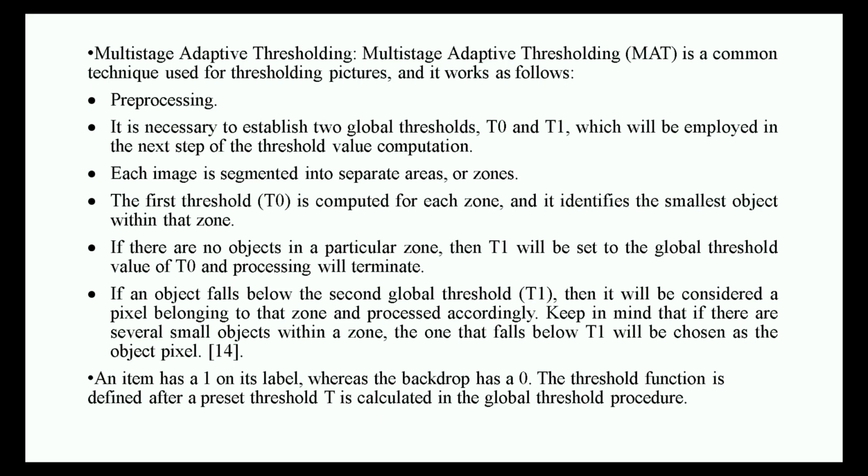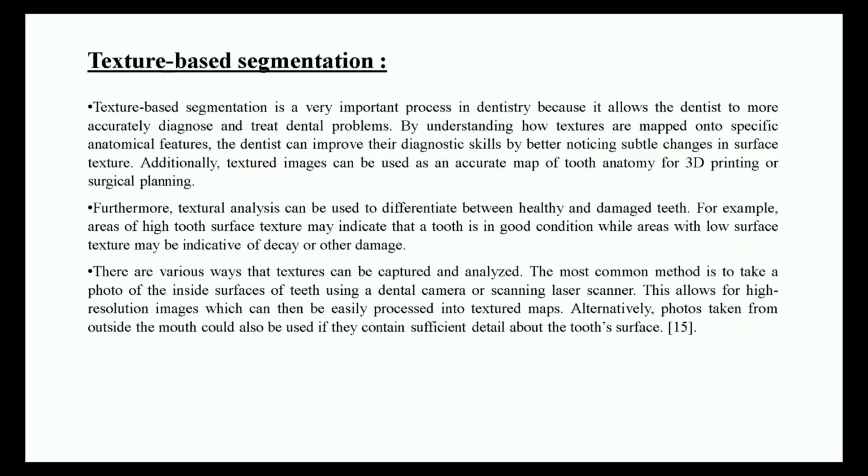If the object falls below the second global threshold T1, then it will be considered as an object pixel belonging to that zone. We should keep in mind that if there are several small objects within the same zone, the one that falls below T1 will be considered as the object pixel. An object has a 1 on its label, whereas the backdrop has 0. The threshold function is defined with a preset threshold T and is calculated accordingly.